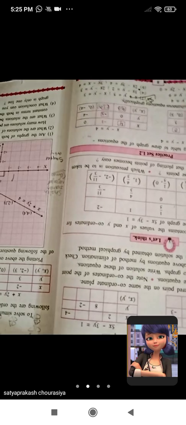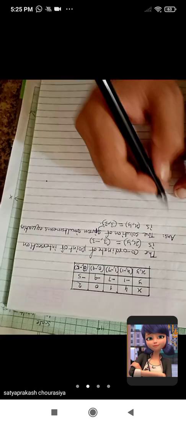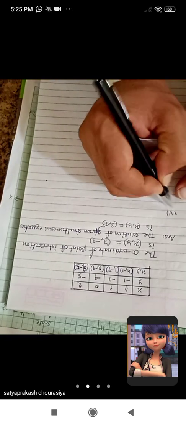This is the question. Here you have to find four points for each equation, and then you have to plot the points to get the solution.